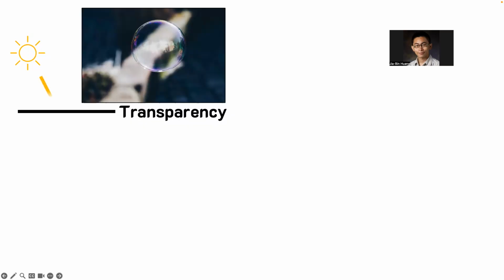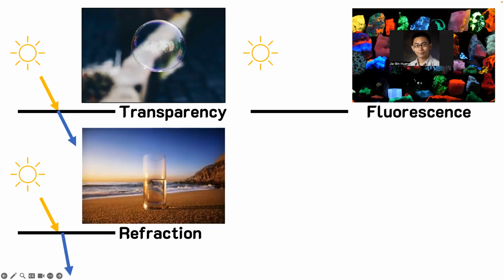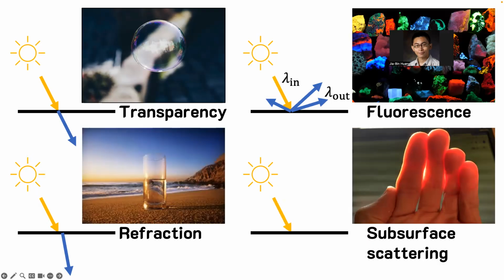There's transparency, where the light goes straight through. With a glass of water, you have refraction, where the light bends when it encounters a different medium. You have fluorescence, where the light wavelength that comes in and the one that comes out are different, which is where you get very weird colors. And you have subsurface scattering.